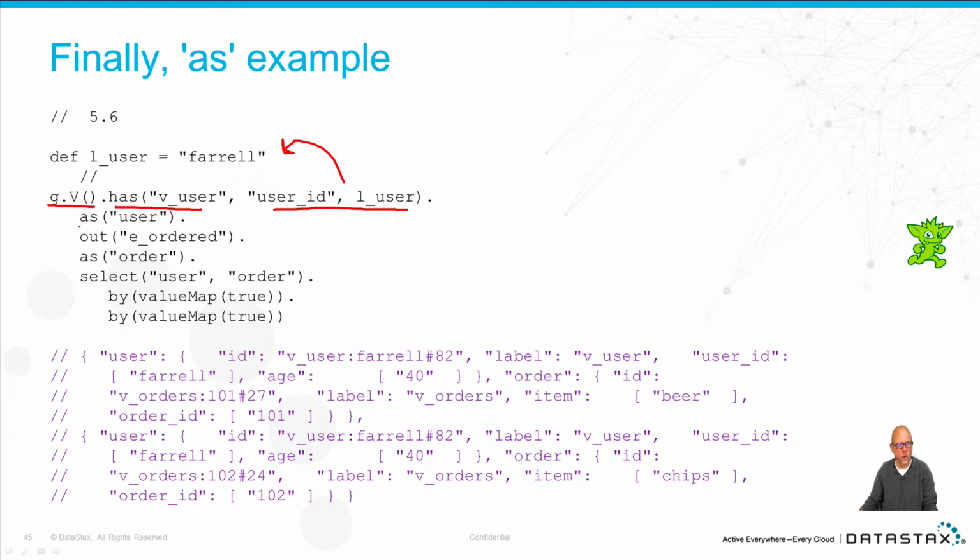Later, I will have access to whatever property keys are in user. I'm going to say as user. I could have called it as T1. It's like in SQL, this would be like a table alias. I'm going to go out, which says vertex to vertex through the named edge. If you don't have that memorized, go back 8 slides.